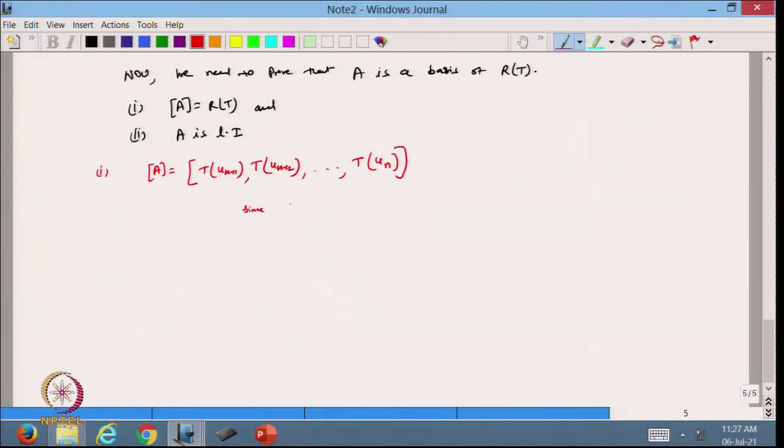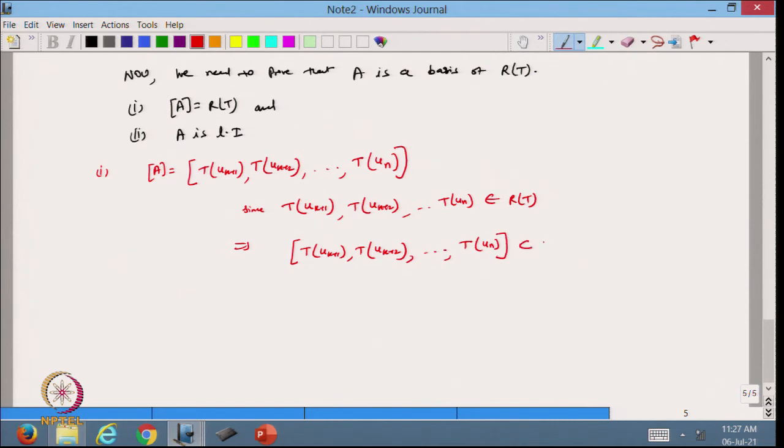Now, since T(u_{k+1}), T(u_{k+2}) and all of these up to T(u_n) belong to the range space of T, and the range space of T is a subspace of the vector space V, we know that their linear combinations are also contained in the range space of T. So the set of all linear combinations, that is the span, is contained in R(T).